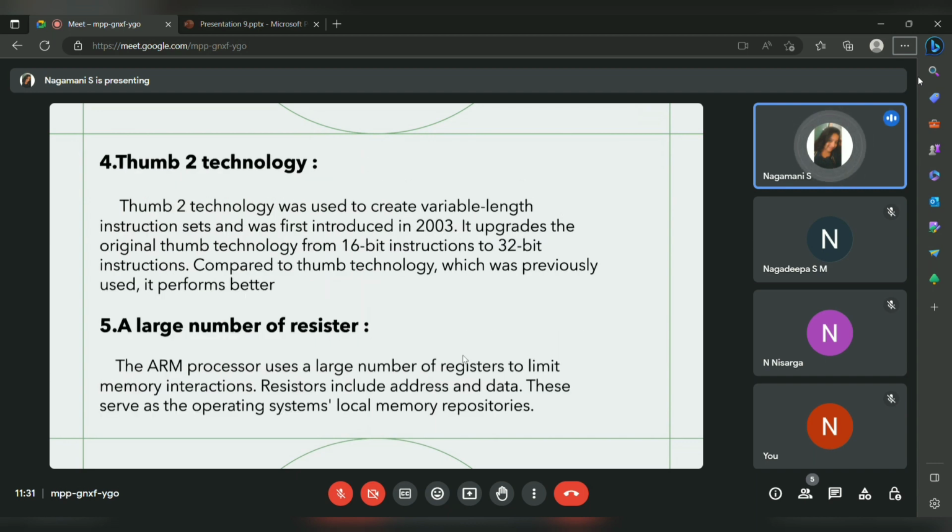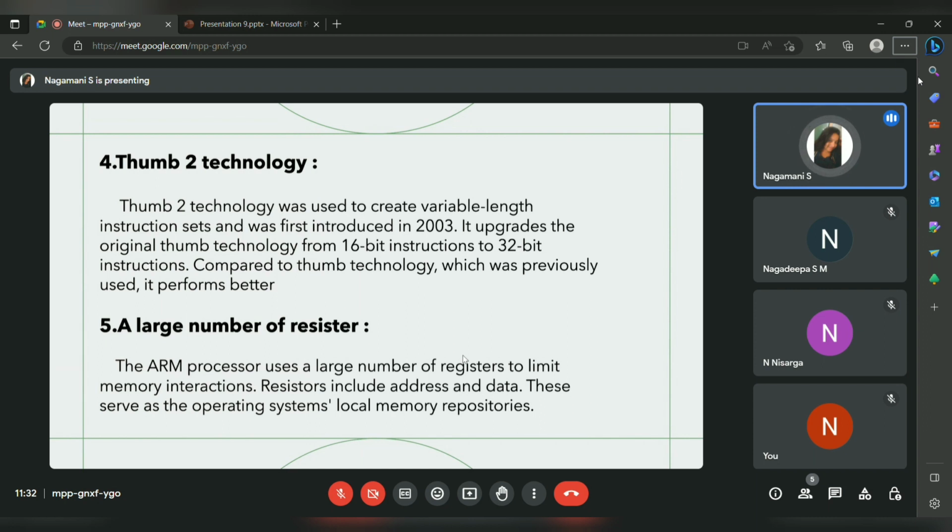The fourth feature is Thumb-2 technology. Thumb-2 technology, a creative variable length instruction set, was first introduced in 2003. It upgrades the original Thumb technology from 16-bit instructions to 32-bit instructions. Compared to Thumb technology, which was previously used, it performs better.